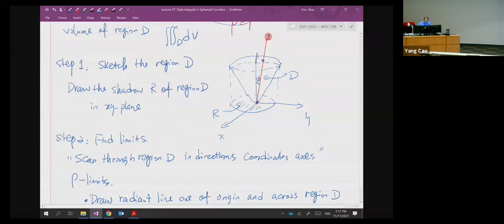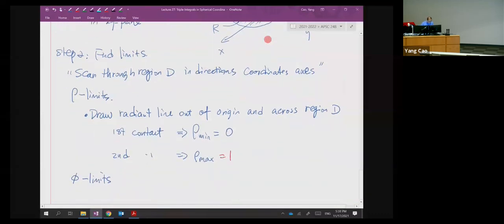The next step is to sweep this reading line, starting from the z-axis, all the way across this region D and find the edge sandwiching this region D. When you start sweeping, it's already there, so phi min should be 0 at the beginning, and then phi max should be somewhere over here, determined by the cone edge. That's how you find the phi limits.